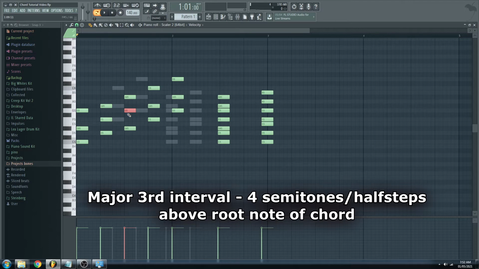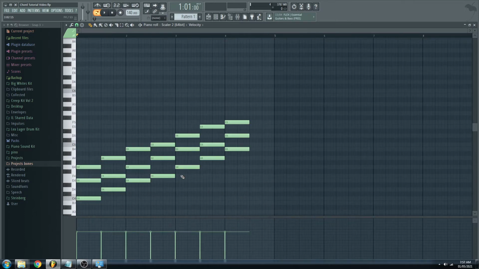You can think of a major third as being 4 semitones above the root note of the chord that you're playing. So just to summarize, a major and minor chord are the same thing except for the third interval.